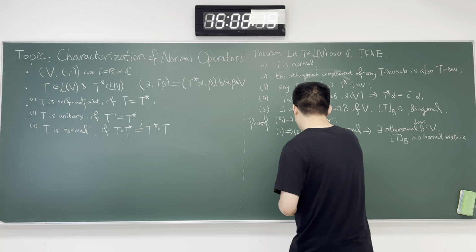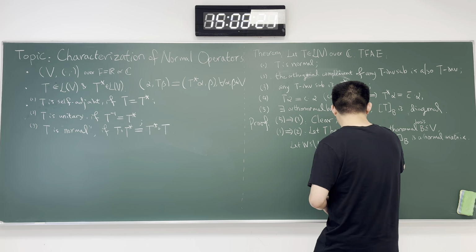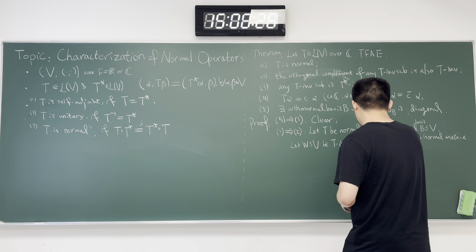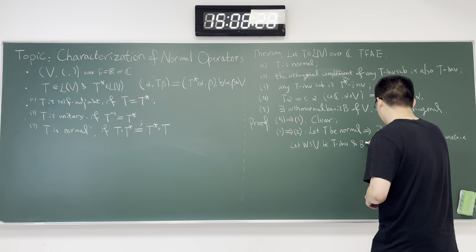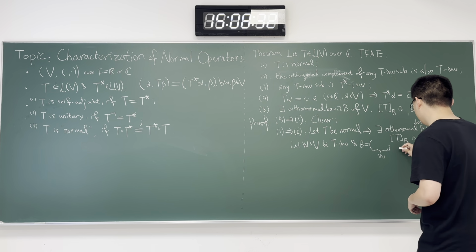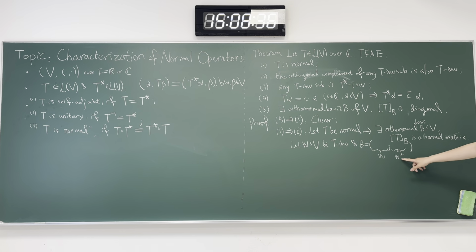Here let W be a T invariant subspace, and B consists of a basis from W and a basis from the orthogonal complement, W perp.